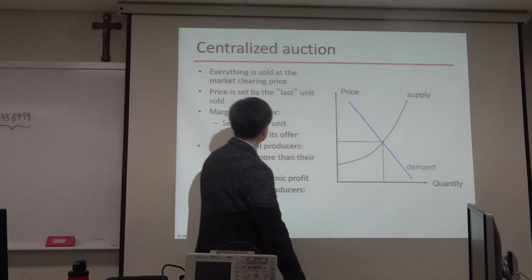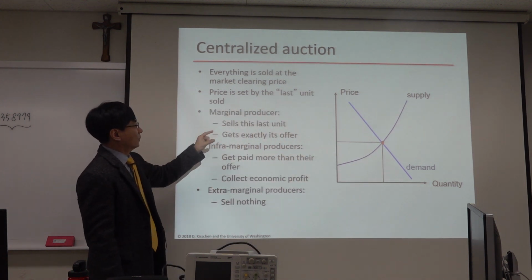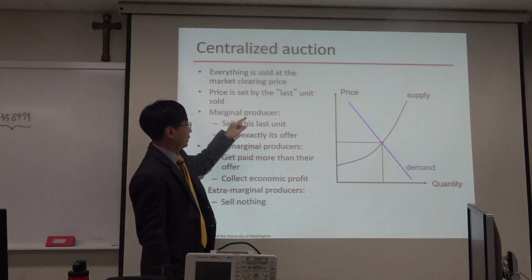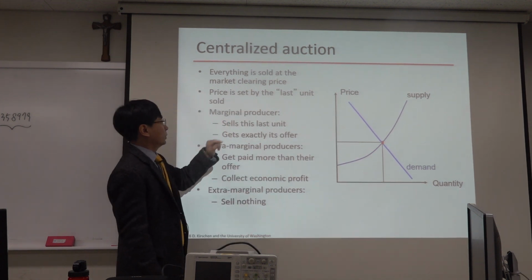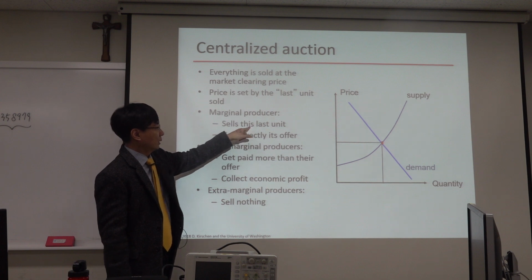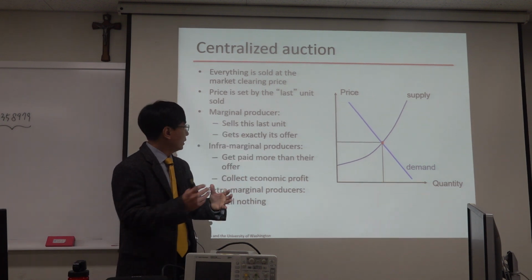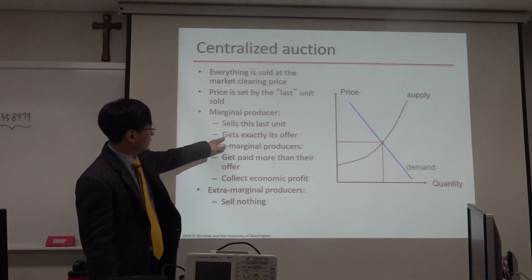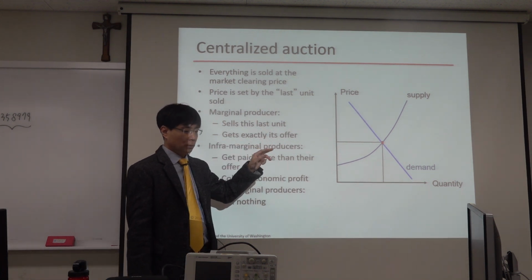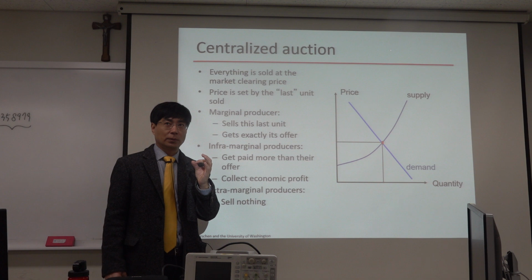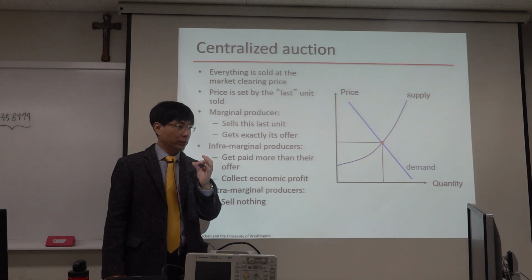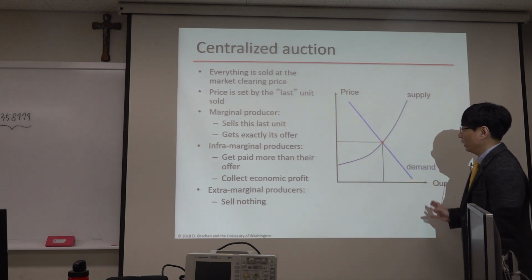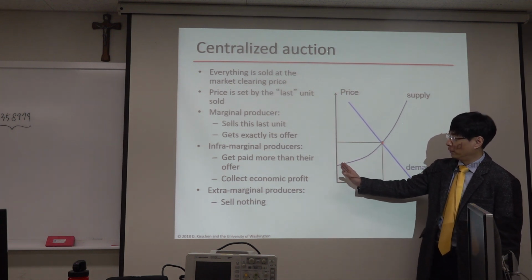And yeah, so we have many producers, and the marginal producer sells the last unit in the market and gets exactly its offer. So actually the profit is 0. Do you understand that? We have many suppliers, we have many producers with different marginal costs.